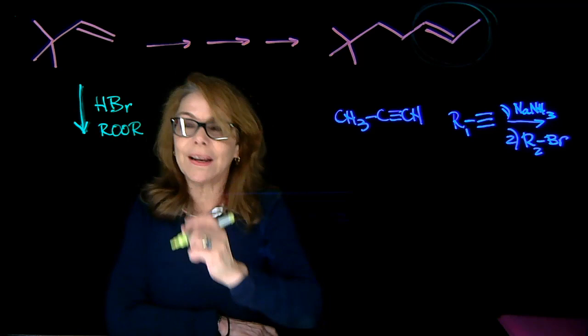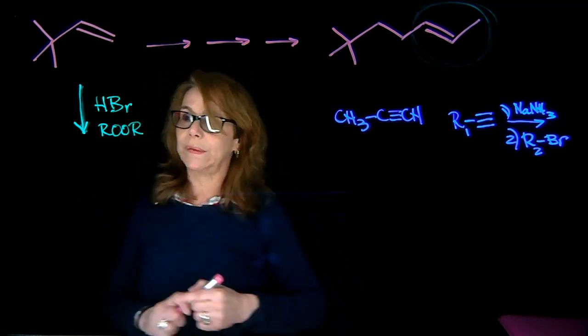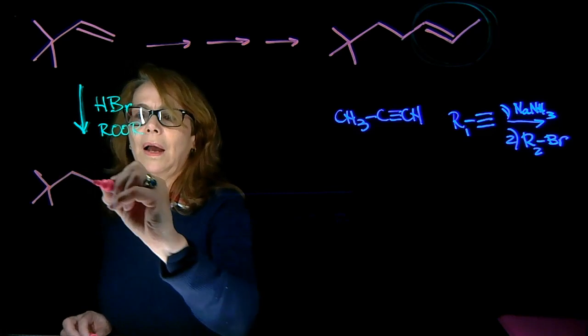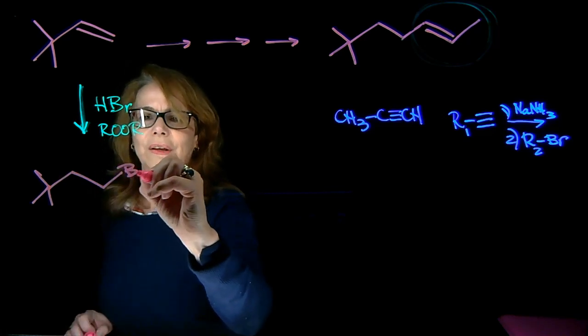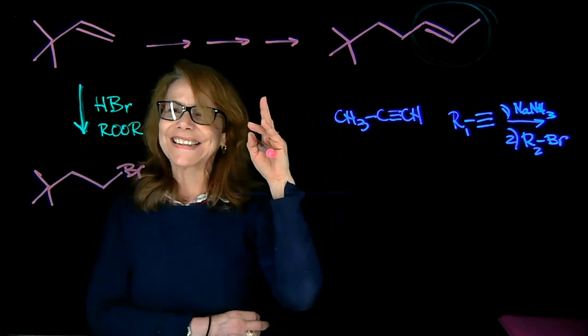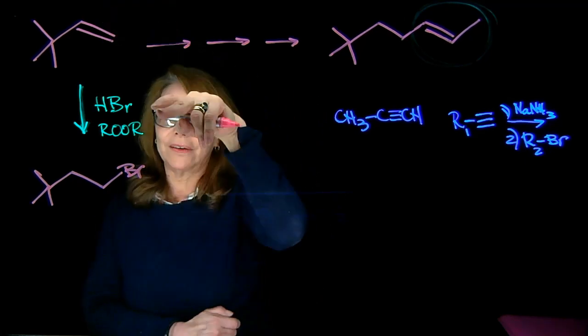That way, then, I will have the halide with the anti-Markovnikov product. So here is what I have. So again, we're adding the H here, so anti-Markovnikov, and the bromine here.